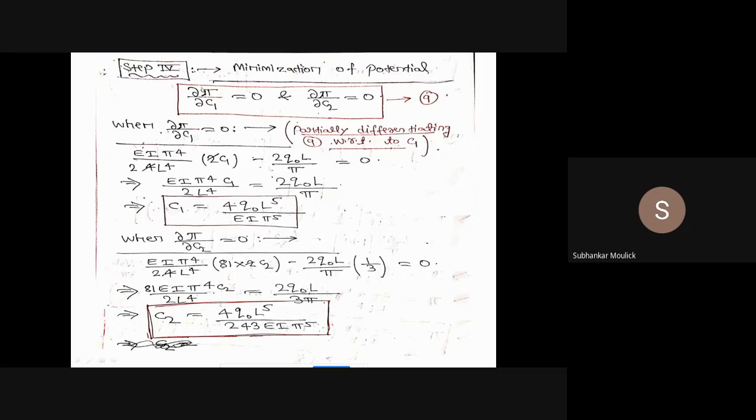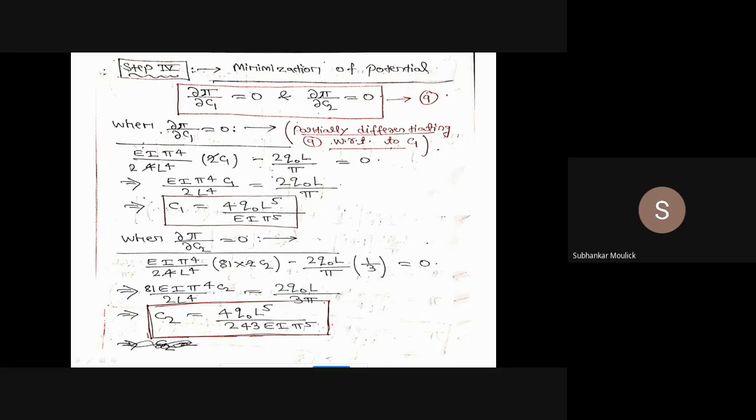If you see in this expression of pi, how many unknown constants are available? One is C1, another one is C2. So by the Rayleigh-Ritz method, I have to minimize this expression of pi, firstly by del pi by del C1 equal to 0, then by del pi by del C2 equal to 0.